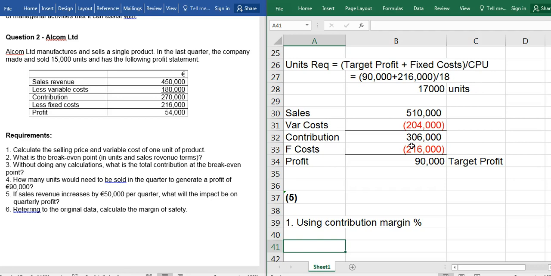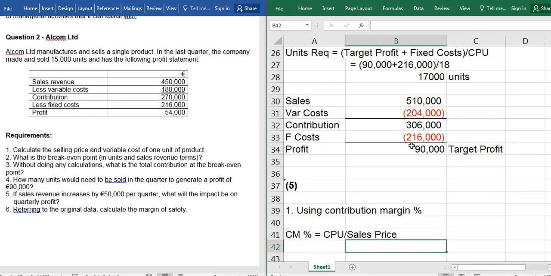So one way of going about it is the CM, the contribution margin ratio, which is your CPU divided by your sales price. So essentially, it's what percentage of every euro in sales goes towards contribution. It's like a margin, like your gross profit margin, except now we use contribution.